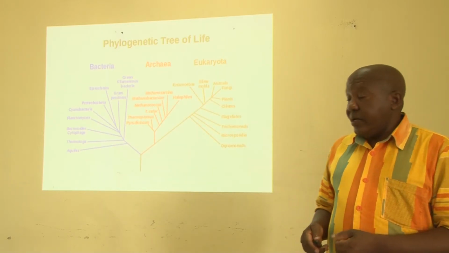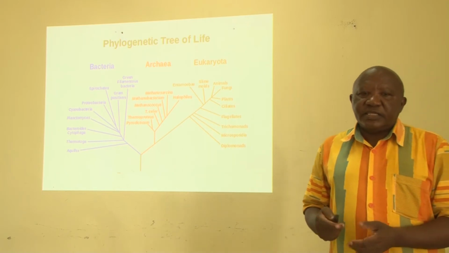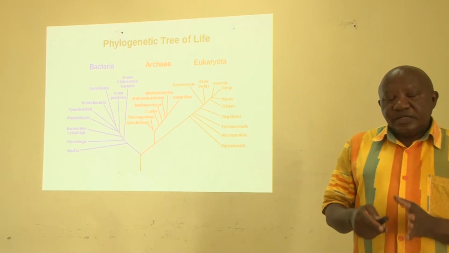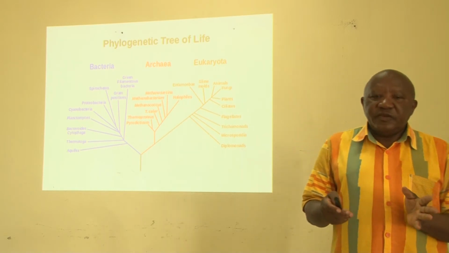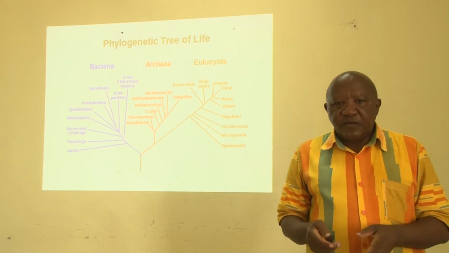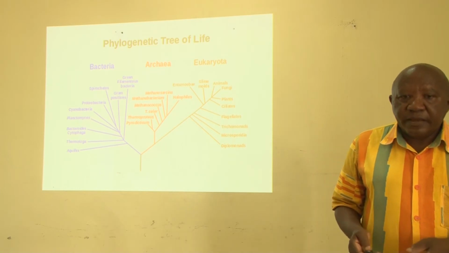Here we have an example of a phylogenetic tree of life. You can go through it and appreciate how different groups of animals have diverged over time.